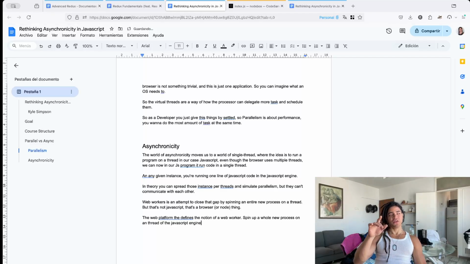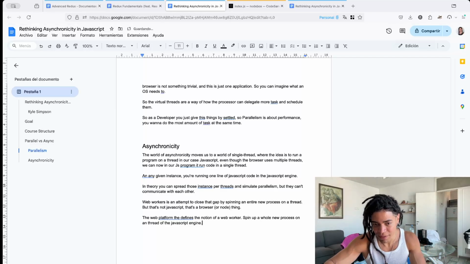So the browser, the platform, says, hey, if you want to use workers, what I'm going to do behind the scenes is say, hey, processor, spin up this particular process in your threads of the JavaScript engine.